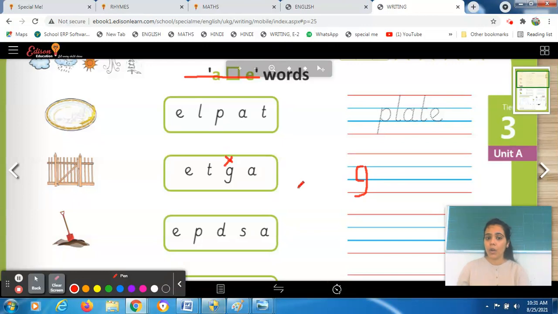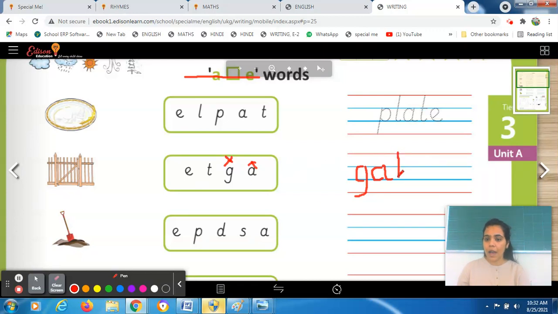Okay, now again you have to say gate. What is the next sound? A. So what do you have to write? Which letter will give you A sound? Is this? No. This? No. It's A. So you have to write A next to G. We will write A over here and put a cross on your letter A. So G A T. T sound comes from letter T. That's very simple.